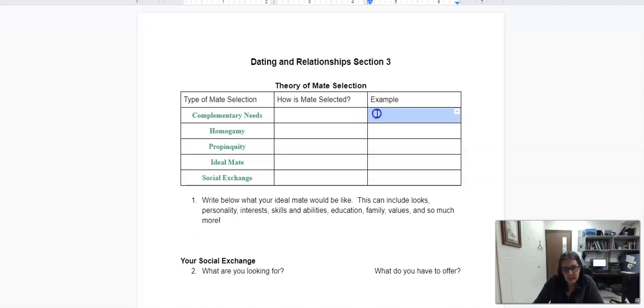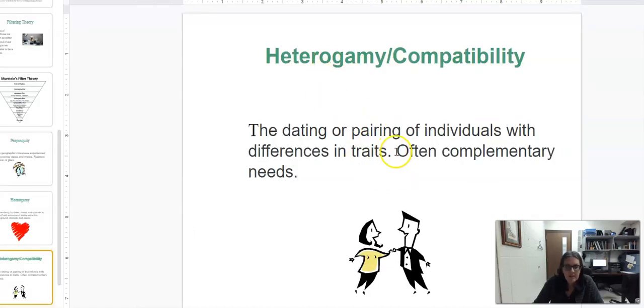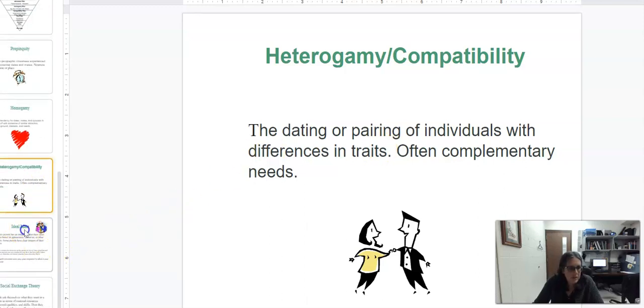That could be an example. Okay, a little bit complementary. That one, it'd be better to have both of them be doing that, but often maybe one person's good at finances and paying the bills, and another person is really good at cooking. Okay, so they can kind of balance out with those things.